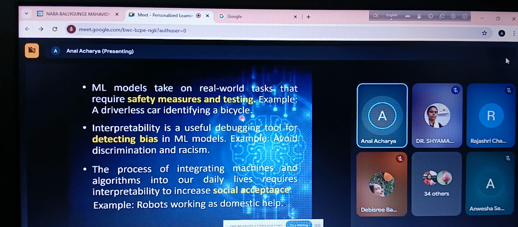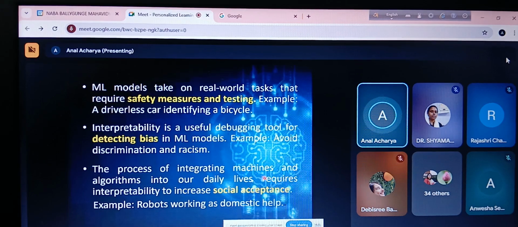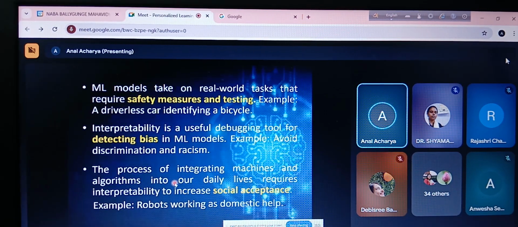Another point is detecting biases. What are the various types of biases that are there? It should be able to address discrimination and racism, that is called the bias. The process of integrating machines and algorithms, social acceptance is also very important, isn't it so? Whenever we have tools like Amazon Alexa, we can use it for performing certain household work.